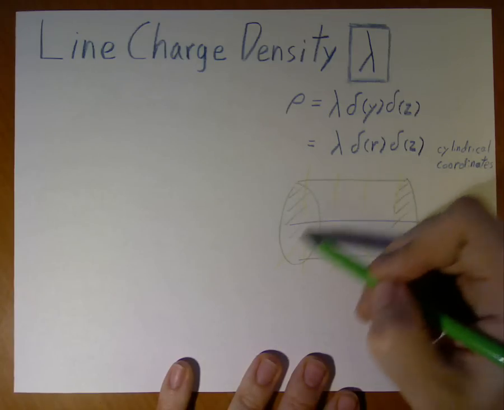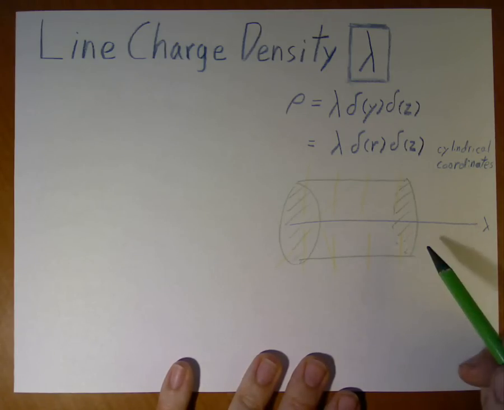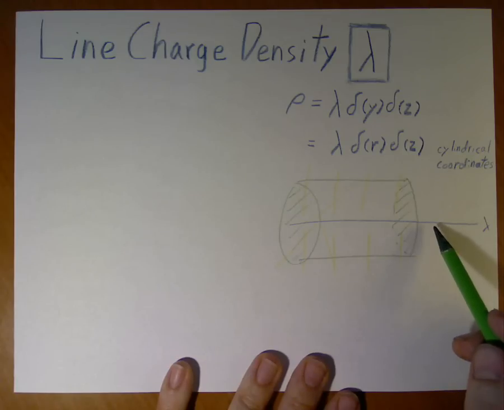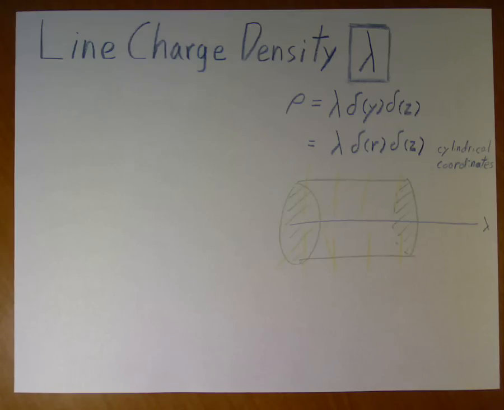Now, in practice, we have no truly infinite line charges, but we can have line charges that are long enough to be effectively infinite. In other words, they're much longer than any of the other aspects of the problem. And these we can have in real life.